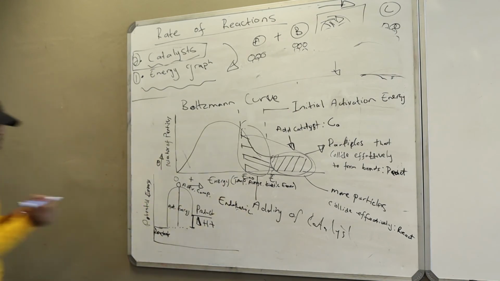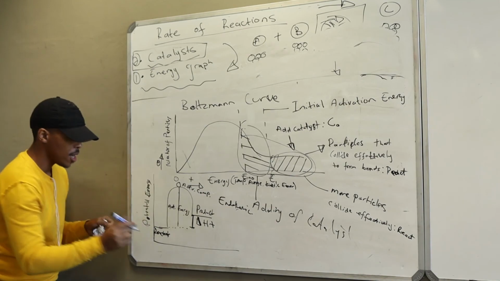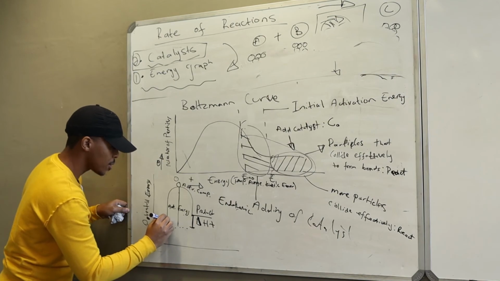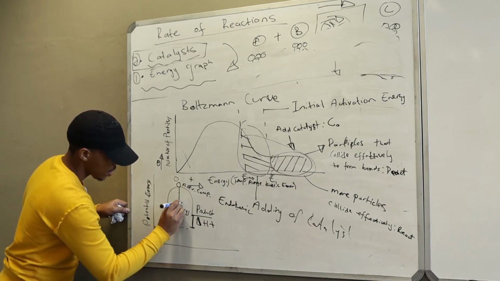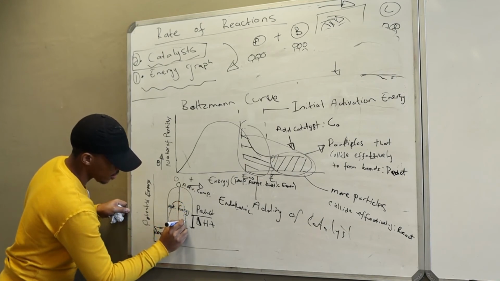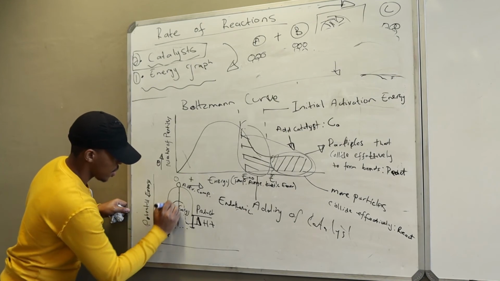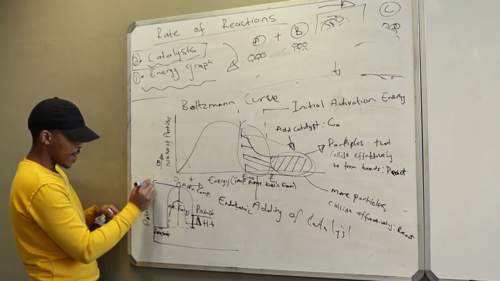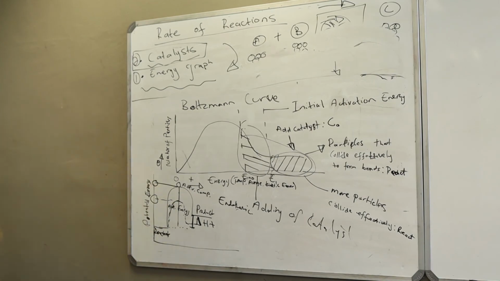Once we do that, now remember this is the activation energy. Now remember it lowers the activation energy. So now what's going to happen is this is how it's going to look like. Okay? This is how it's going to look like now. Right? It lowers the activation energy from there all the way down to there.